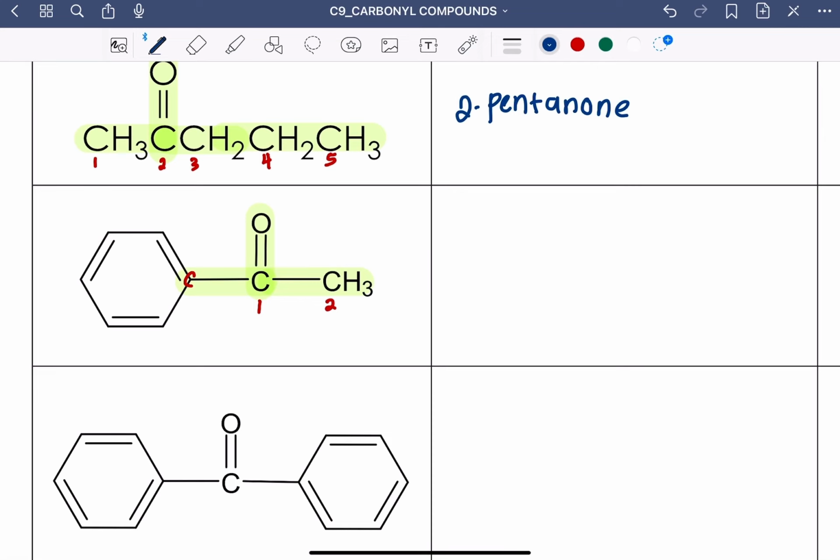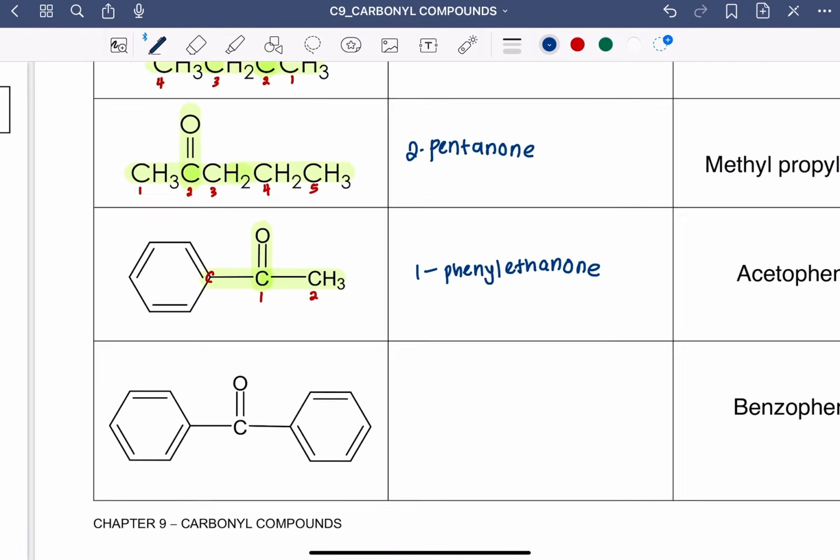So this one is very interesting because I mentioned earlier we don't have ethanone, but this one will be 1-phenyl ethanone. Okay, this one will be 1-phenyl ethanone, or also known as acetophenone.